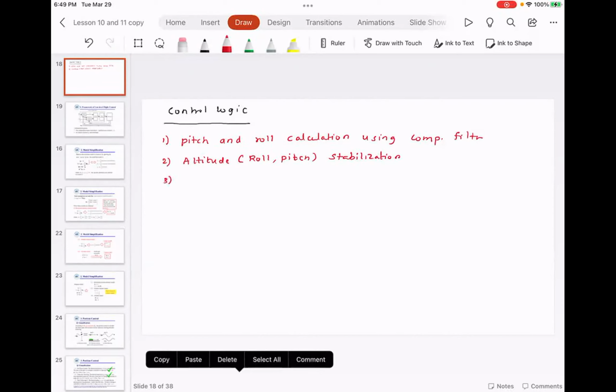Then altitude stabilization using pressure sensor and ultrasonic sensor.